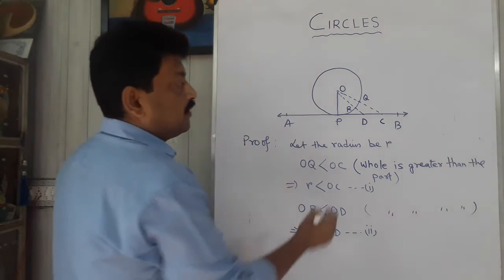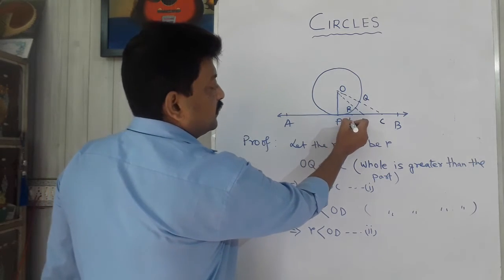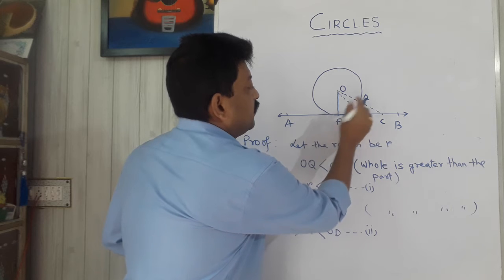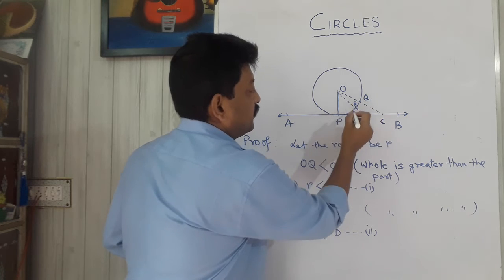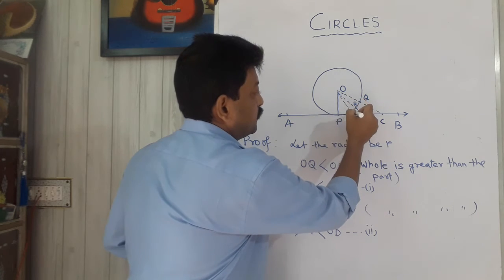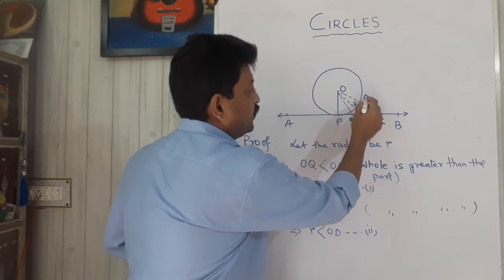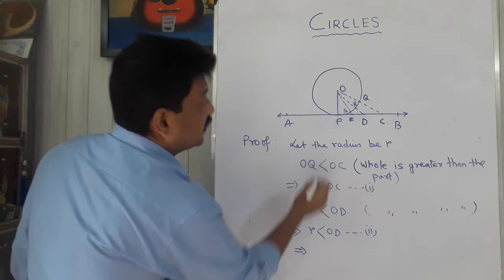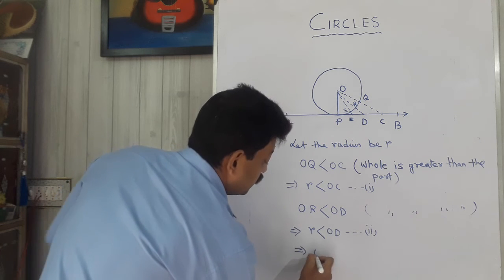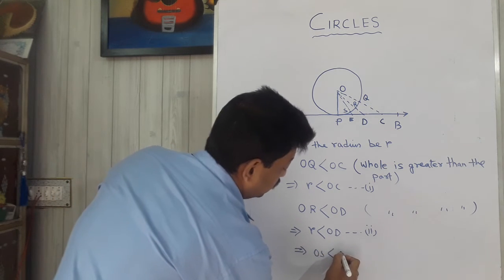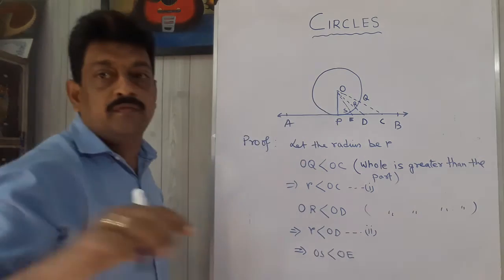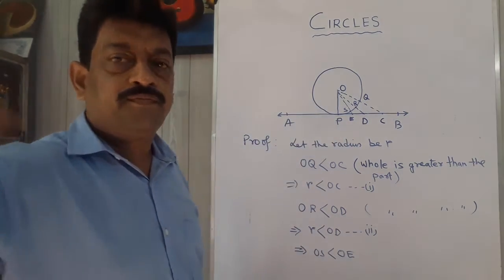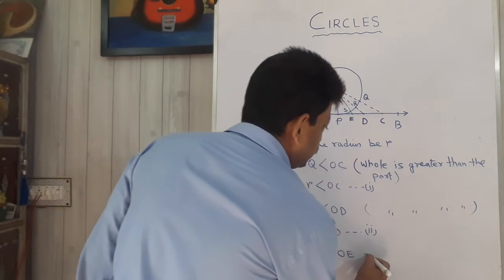Now if we take one more point, suppose here E, and join this E with the center like this, suppose it meets the circle at S. So here also OS is less than OE, same reason.